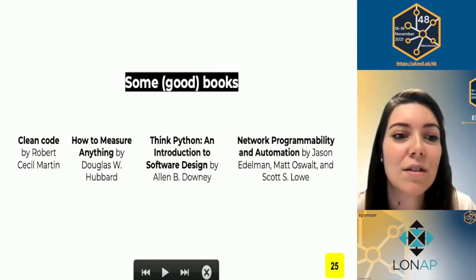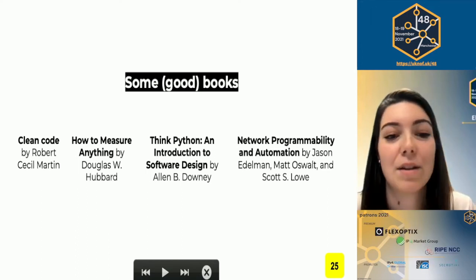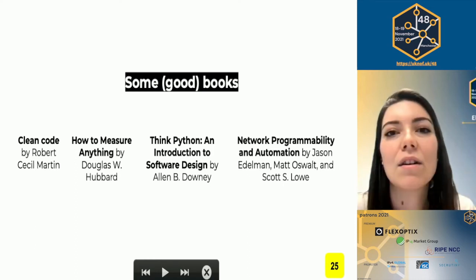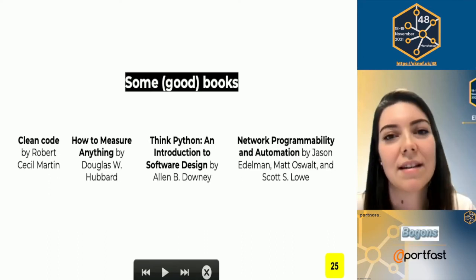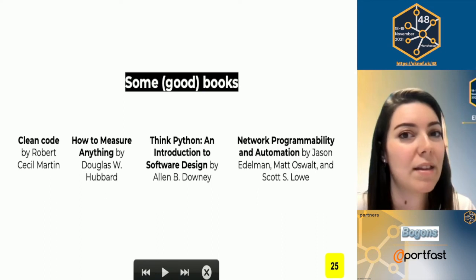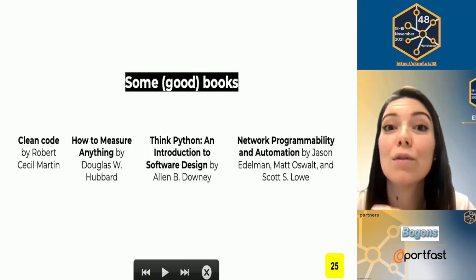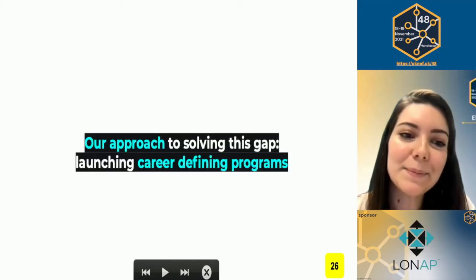Then Think Python, An Introduction to Software Design, and Network Programmability and Automation. Those four books are really good if you are thinking of how you can evolve your role and what resources you can start reading or getting familiarized with. Again, these are not the only books in the world, but they're very useful if you are looking at continuing that path. Next slide, please.